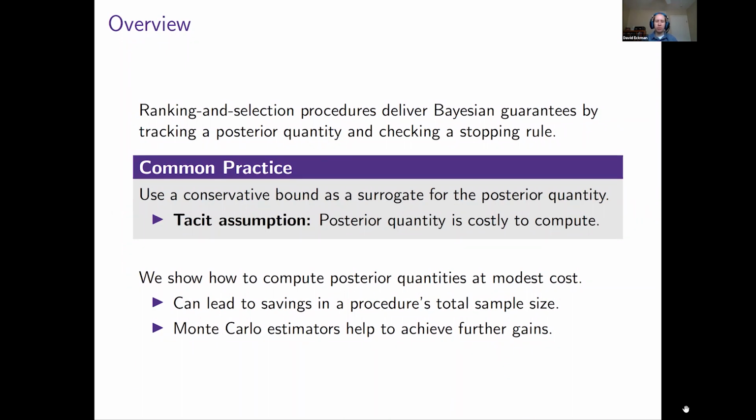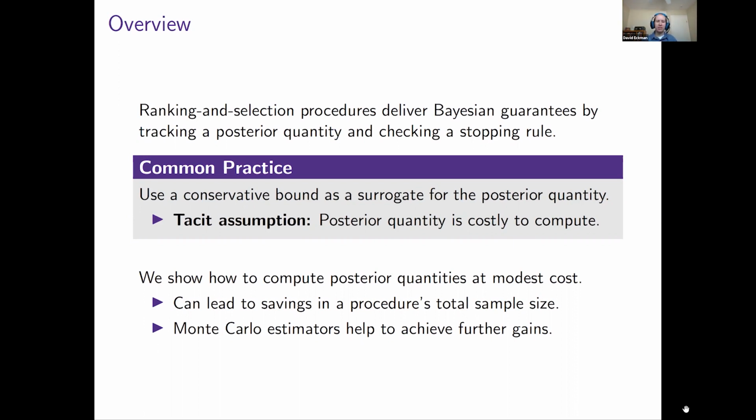What we found to be the common practice in the literature is, instead of computing these posterior quantities, one derives a conservative bound, usually using Bonferroni's or Slepian's inequality, and then uses that bound as a surrogate. So you go along until this bound crosses some threshold, and then you terminate.